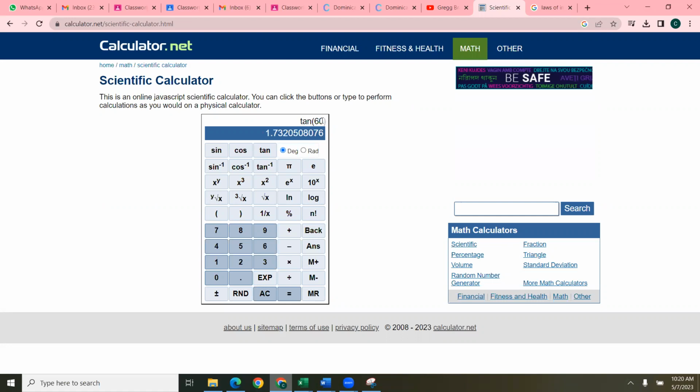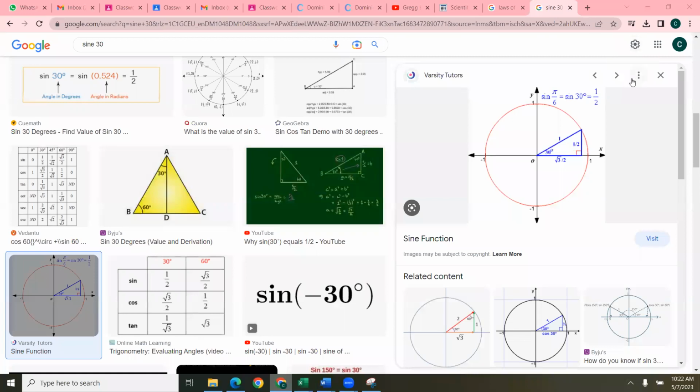Okay. Now, 60 degrees. In a right angle triangle, you have the 60, 30, 90. So to cut a long story short, we can use this right angle triangle right here. If this angle is 30 degrees, this angle is 60 degrees, right? And you've got the 1/2 and √3 upon 2 triangle.